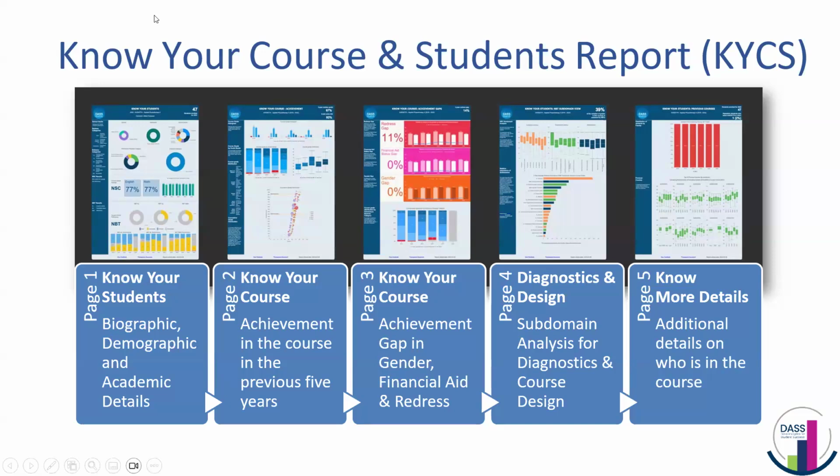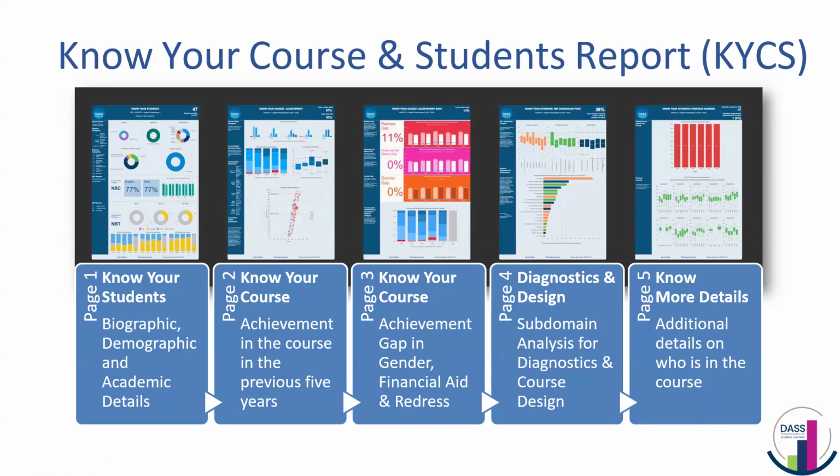So eventually what you see is the coming together of all the different variables that we have in our systems that we put on a couple of pages and that we started distributing to lecturers about 4 years ago. So the report has gone through a few iterations since.